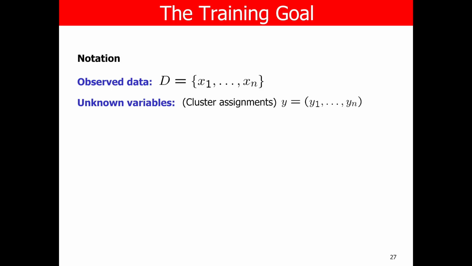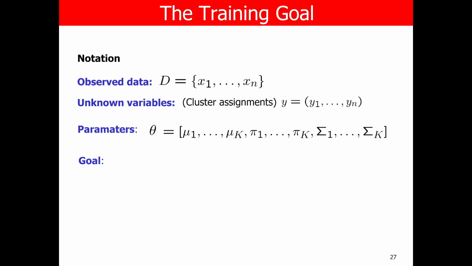We will need to estimate them from our data. Our unknown parameters are collected in this variable theta. We need to estimate the mu, pi, and sigma parameters. The goal of the maximum likelihood estimation is to find that parameter theta that can maximize the log likelihood function, that is the log of the probability of the data given the parameters theta.